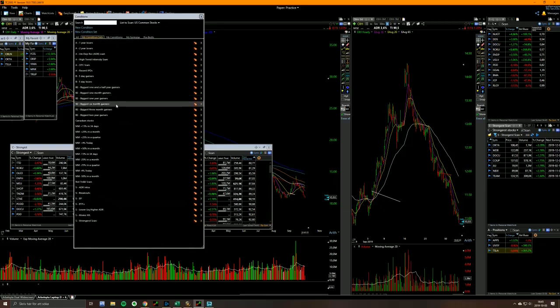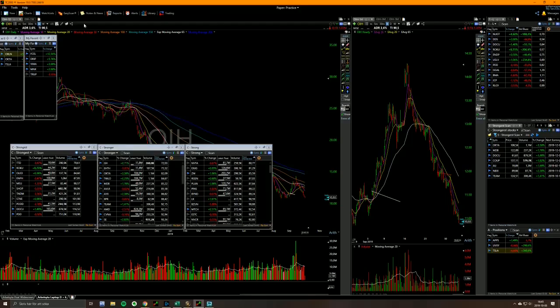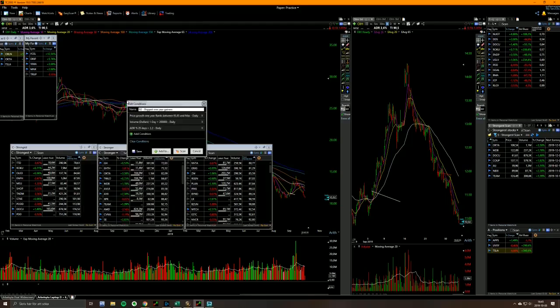These three, six scans, different time frames. So I look for the strongest 2% stocks, the strongest 3% stocks in that time frame, the strongest 4%.